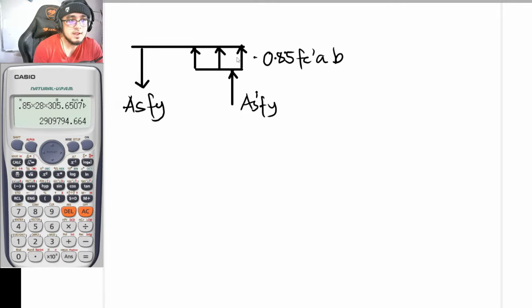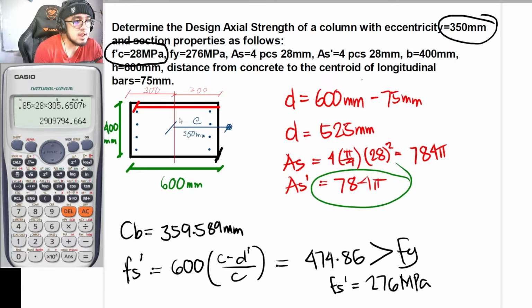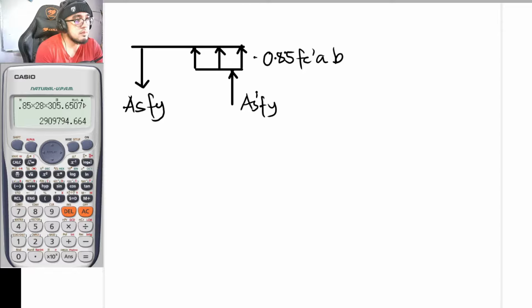For our balanced moment, what we would be doing is getting the moment about the center line. So there, pretend that this is now our center line, so this is 300 mm, and this is also 300 mm. So 300 and 300.